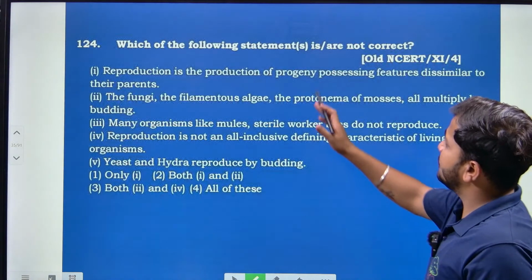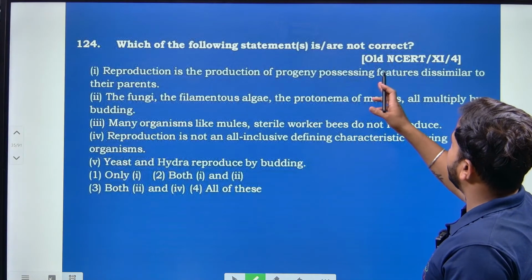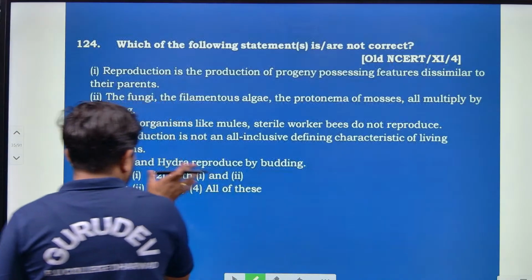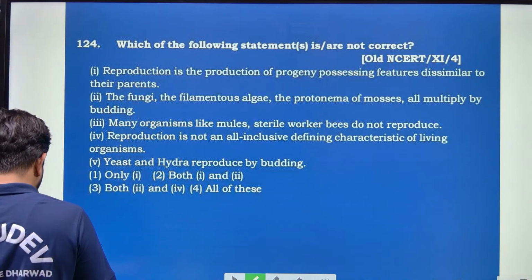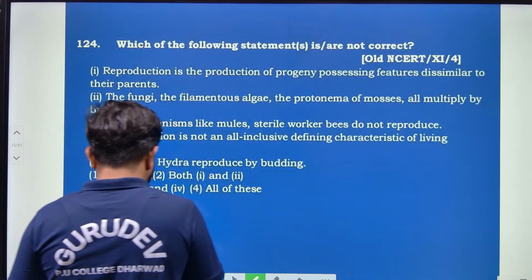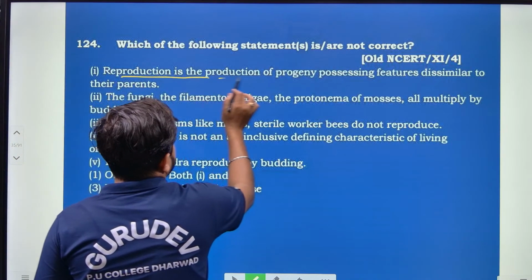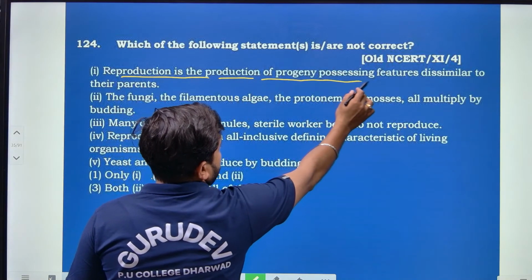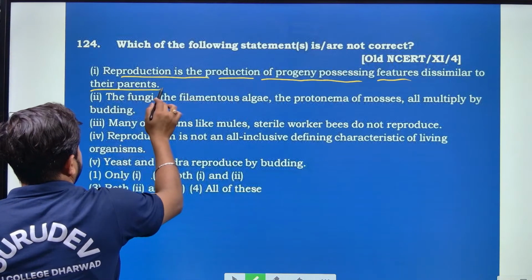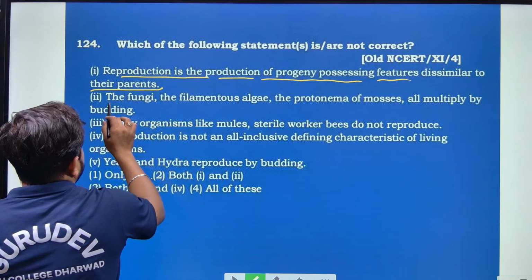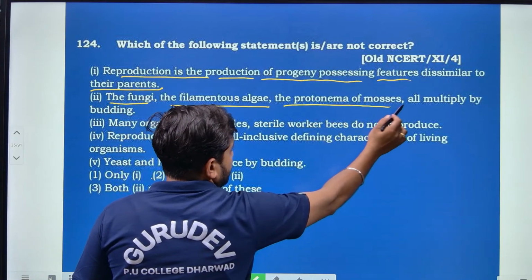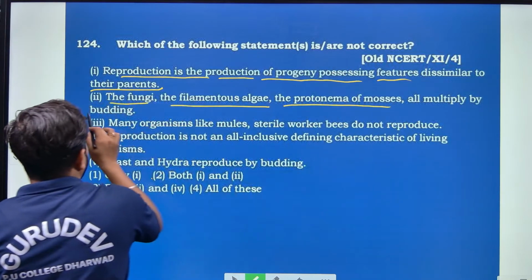Then, which of the following statements is or are not correct? We have to find the incorrect statements by comparing the options. Reproduction is the production of progeny possessing features dissimilar to their parents. Then, the fungi, the filamentous algae, the protonema of mosses all multiply by budding.